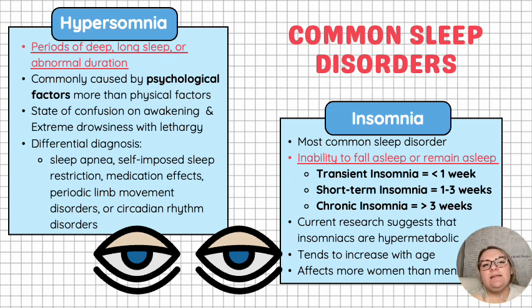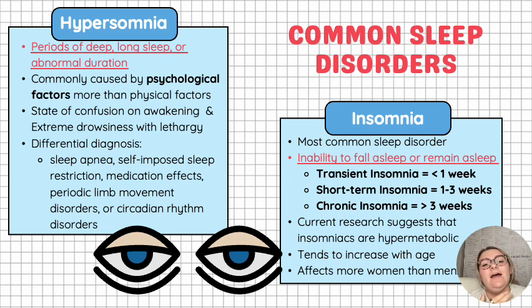And to really identify it, it's when you wake up, you're in a state of confusion, you have extreme drowsiness, and sometimes it's also given with differential diagnoses of sleep apnea, self-imposed sleep restriction, medication effects, periodic limb movement disorders, or circadian rhythm disorders, which all affect the sleep cycle clock internally that you have.